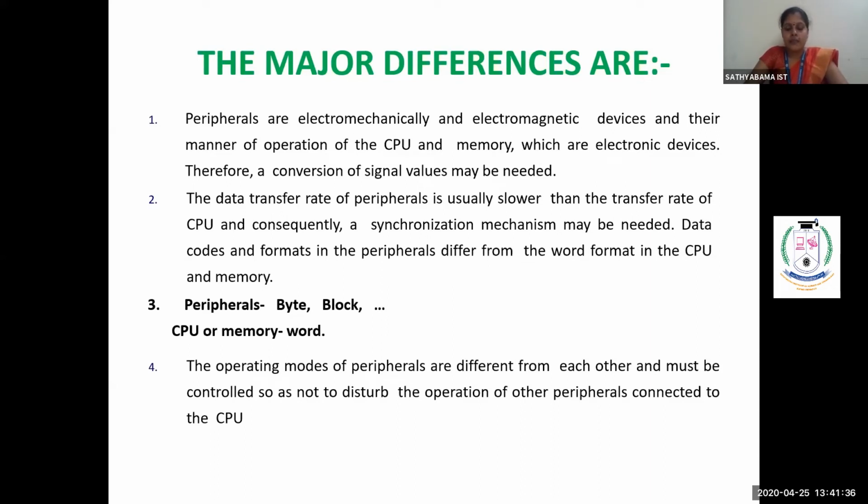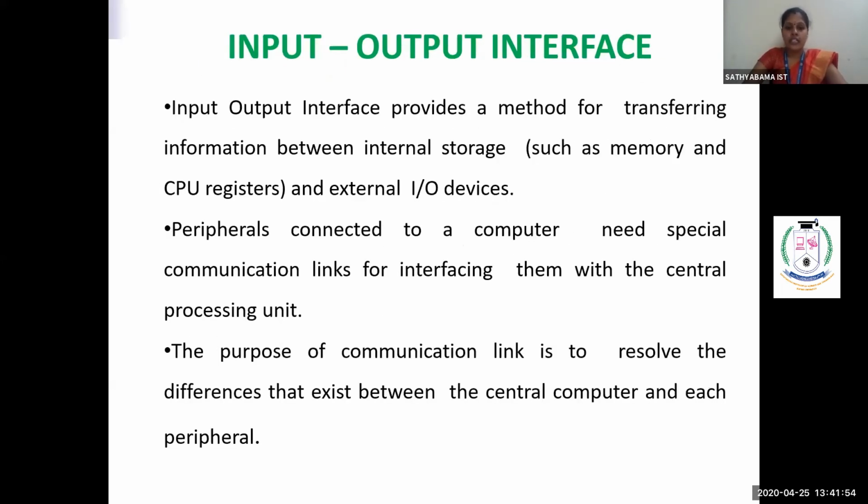The third difference: peripherals use codes and formats, and the CPU uses words. So definitely you need a communication link to transfer between CPU and peripherals. To resolve these three differences, we need the input-output interface.